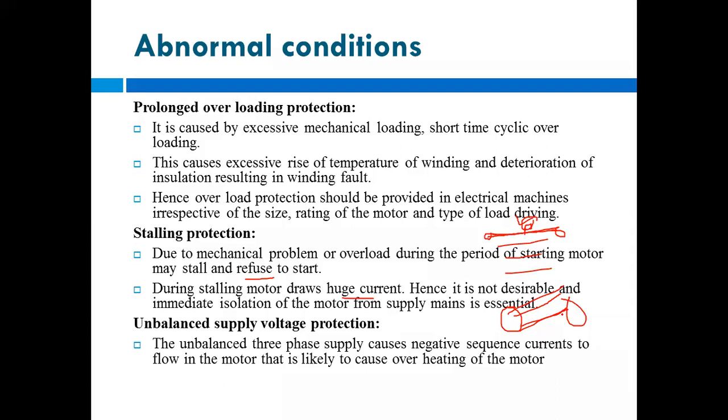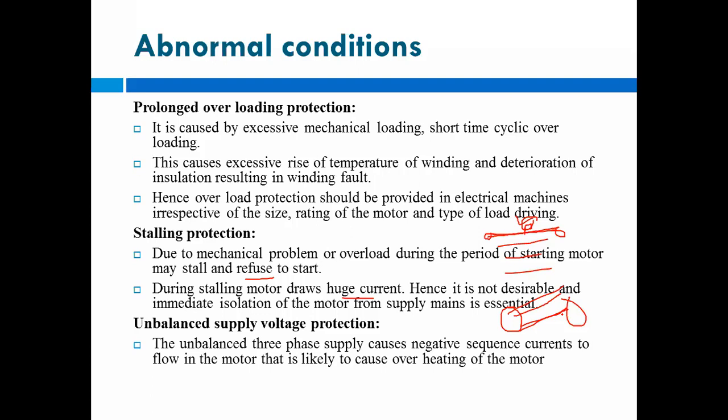Okay, the angle between all the three phases adds up to 360 degrees, and the angle between any two phases should be 120 degrees, and that should be the same. So if that angle gets changed, your system becomes unbalanced, and the current will flow towards the earth, that is the neutral wire. Current will flow through the neutral wire.